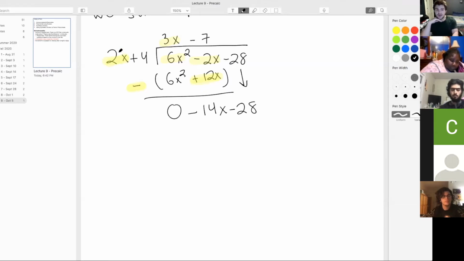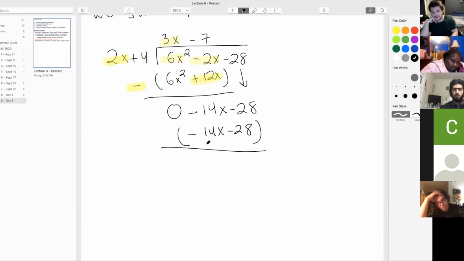Okay, so now you multiply each guy here by negative 7. So 2x times negative 7 is negative 14x. And 4 times negative 7, that's negative 28. Good. Now put parentheses around this and subtract.